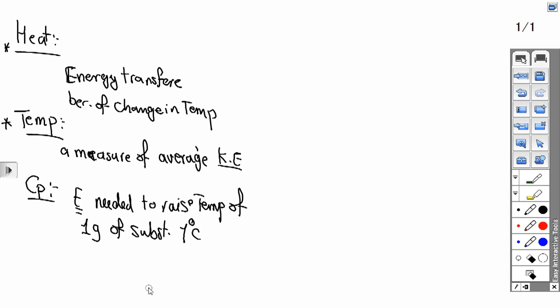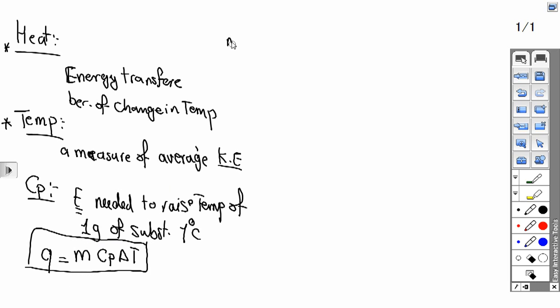The rule: if Q represents the heat or the amount of energy, then Q equals m Cp delta T, where m is the mass, Cp is the specific heat capacity, and delta T is the change in temperature.